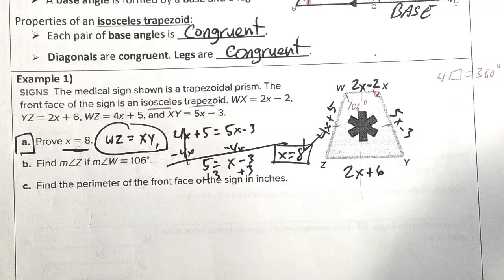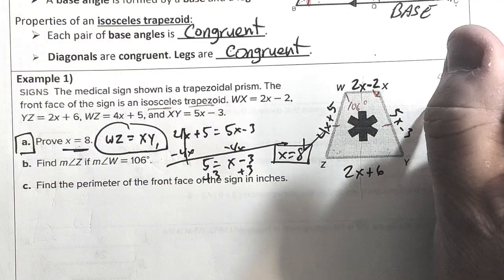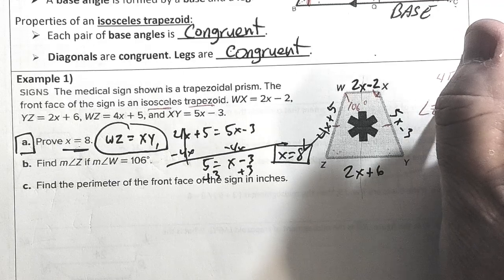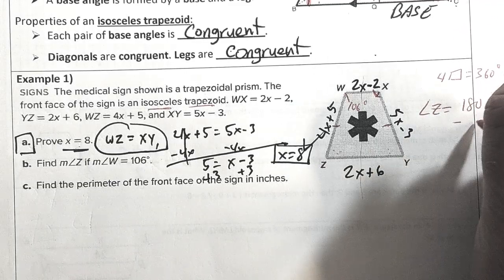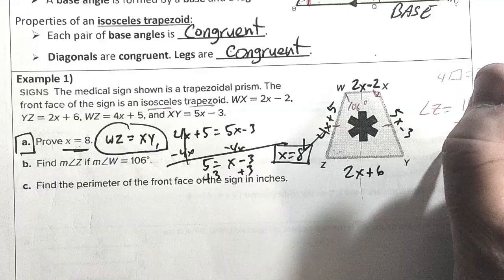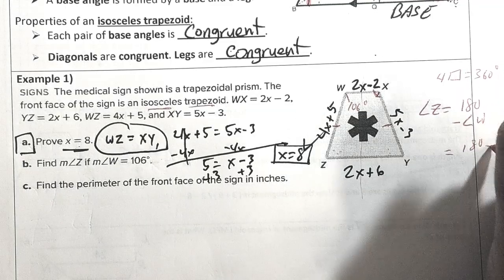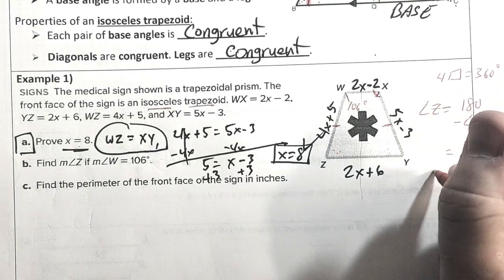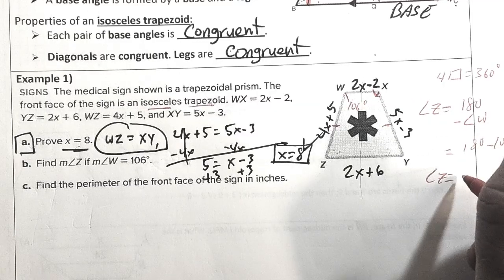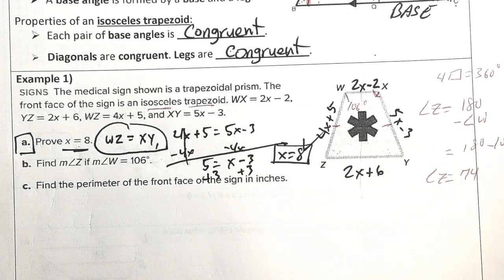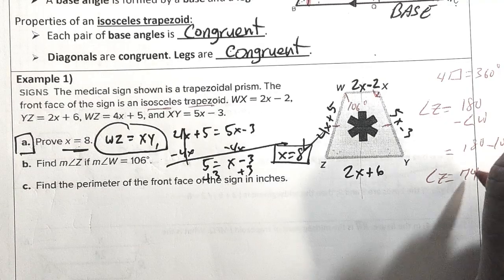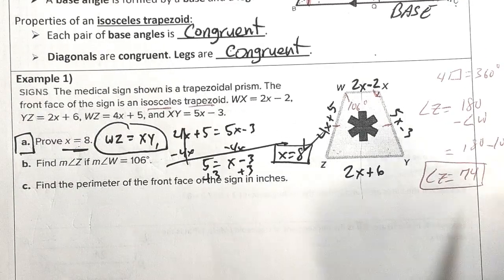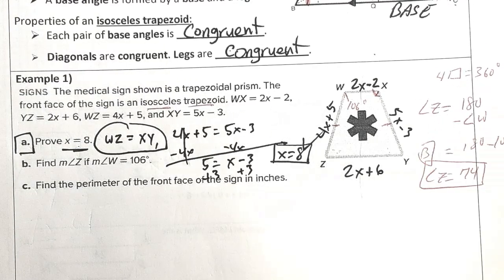So each half is 180. So angle Z equals 180 minus angle W. That is 180 minus 106. So angle Z equals 74. Just double checking. Yep, 74. This is part B.